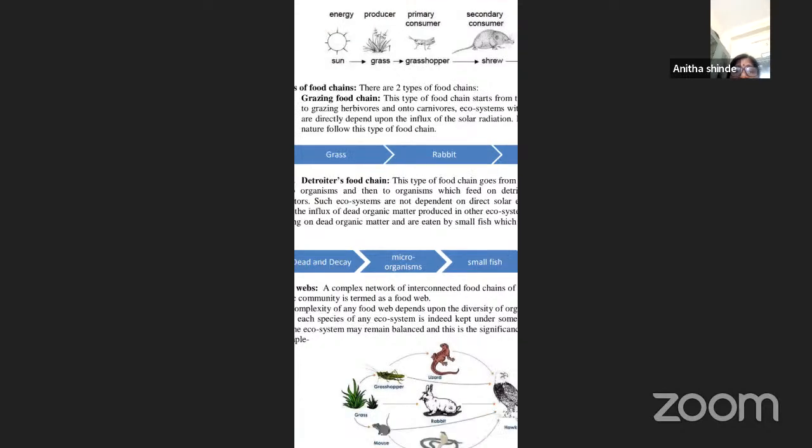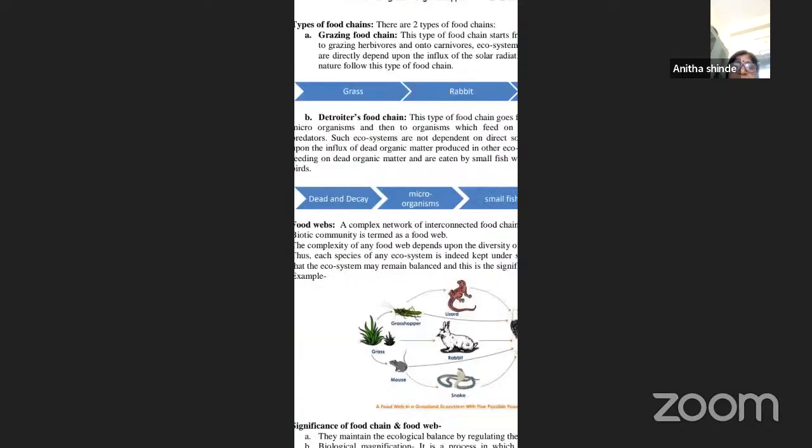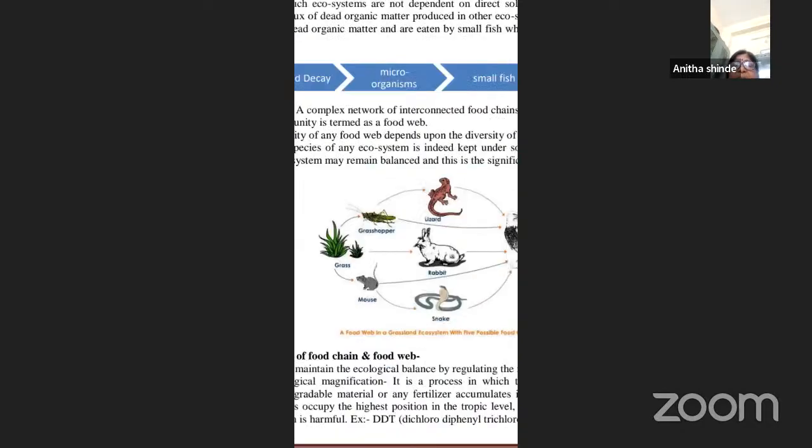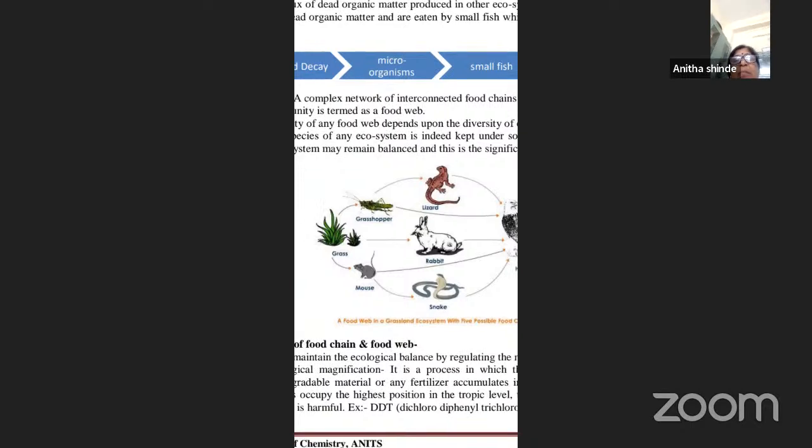So this is called a food web. Here is a food web in a grassland ecosystem with 5 possible food chains. How is it? See here, grass is eaten by a grasshopper. This grasshopper can be taken by a lizard, or the grasshopper can be eaten by a hawk.